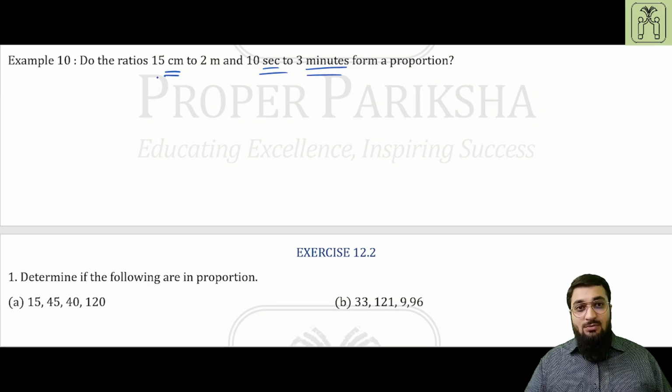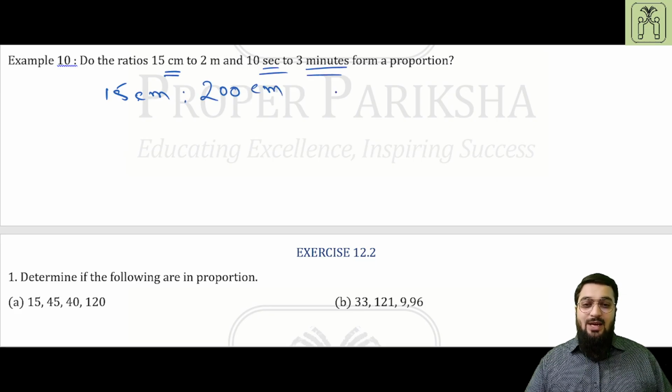First of all, we have to convert. So it will be 15 centimeter is to 200 centimeter, and we will write 10 seconds is to 3 into 60, that is 180 seconds. Second and second will get cancelled out, and centimeter will get cancelled out.